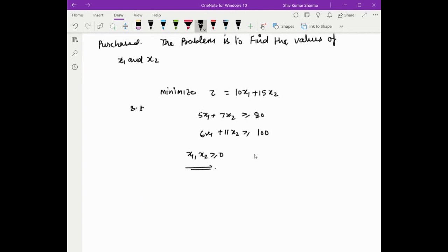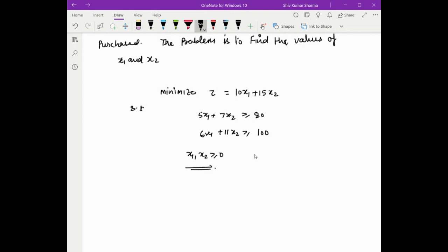And suppose we write the dual of this problem. When we write the dual, we choose variables in place of x1 and x2, we write the variables as y1 and y2, or any other variable you can choose. We have some rules when we write the dual of any problem.